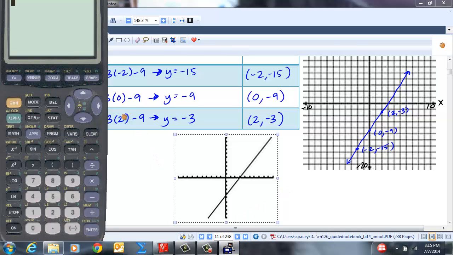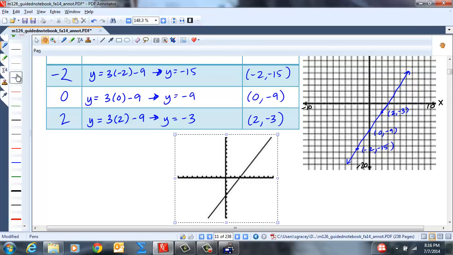We've got our graphing calculator graph here, and notice it doesn't have anything labeled. So we would need to label this, this is 10, negative 10, and this is 20, negative 20.